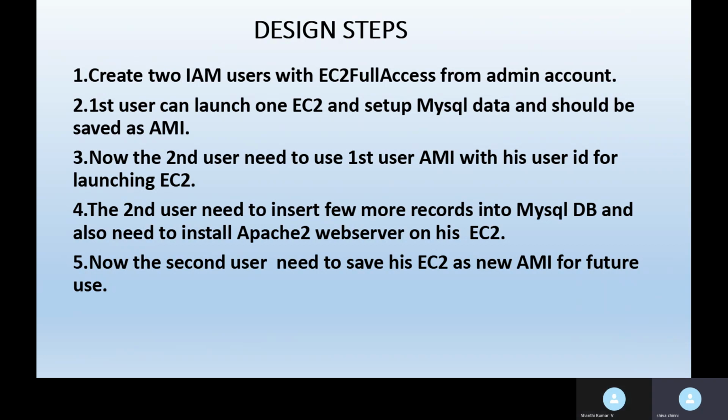Once the second user infrastructure is deleted, we need to execute the first user setup EC2 resources. And once the first user infrastructure is deleted successfully and verified, then we'll go to the admin.